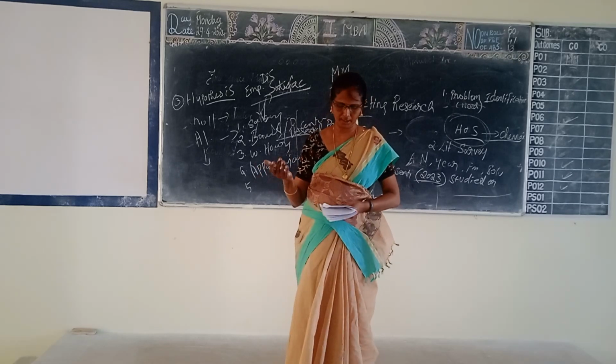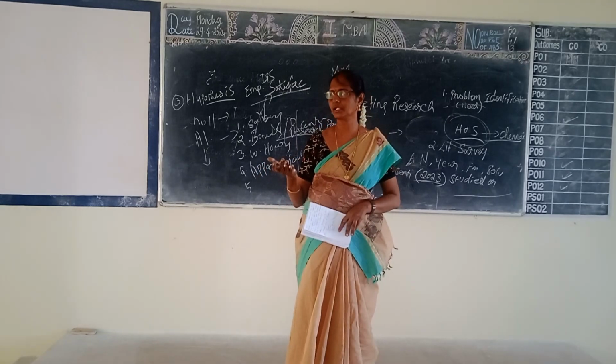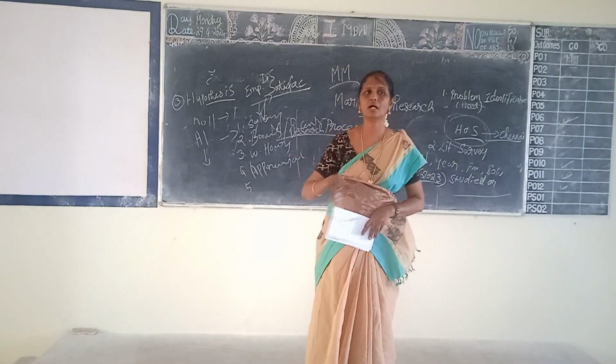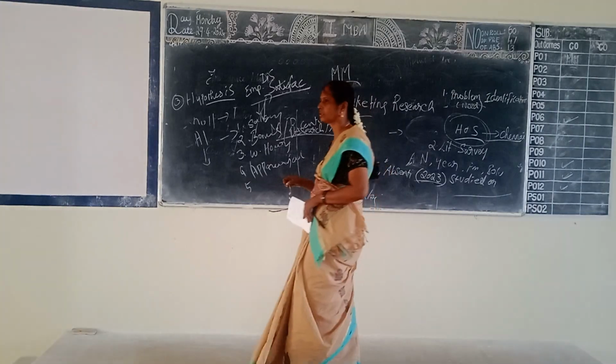Identify potential variables and then formulate the relationship statement which comprises null and alternative hypothesis. Right?